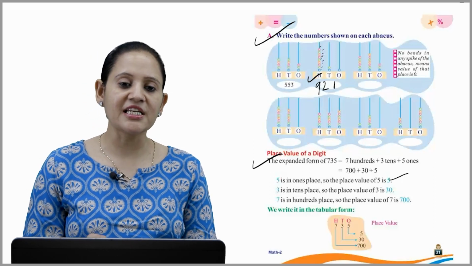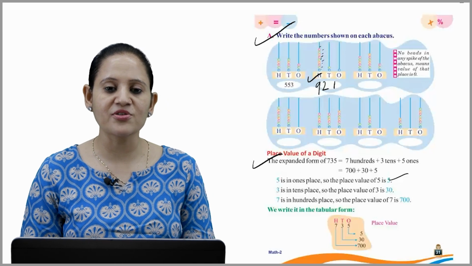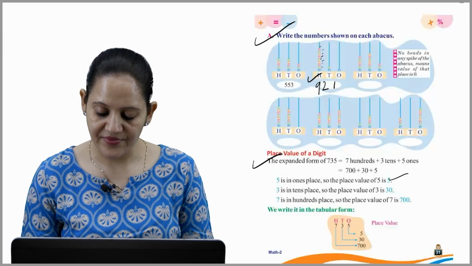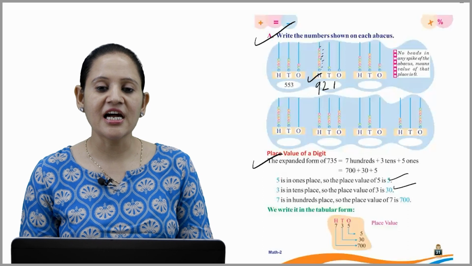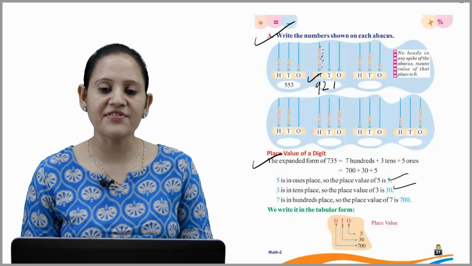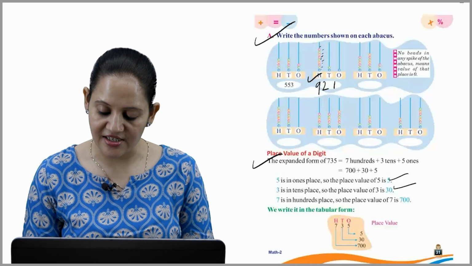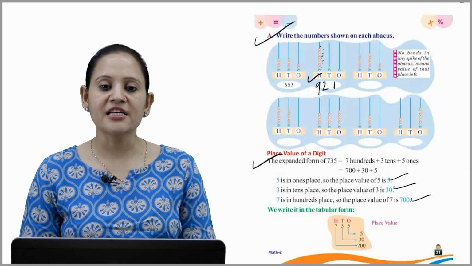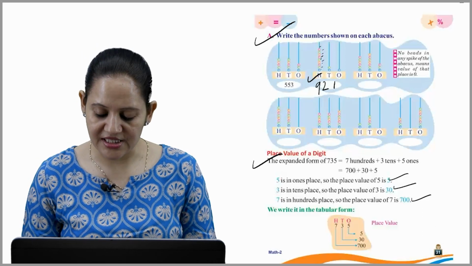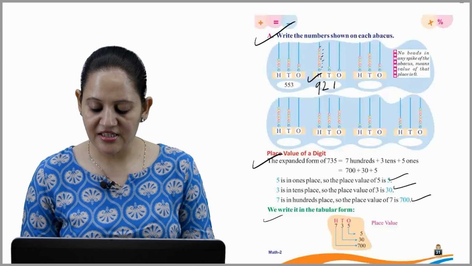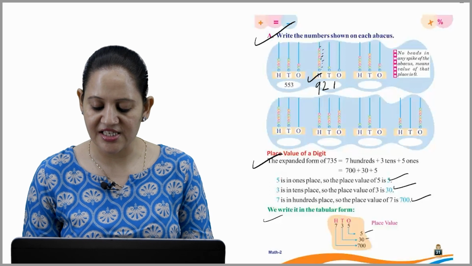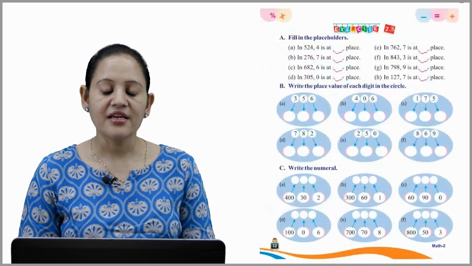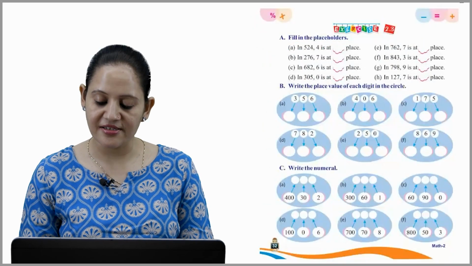Where is 3? 3 is at the tens place, so the place value will be 3 into 10, 30. 7 is at the 100 place, so the place value will be 7 into 100, that is 700. We write it in tabular form: for 735, the place value of 5 is 5, of 3 is 30 and of 7 is 700.